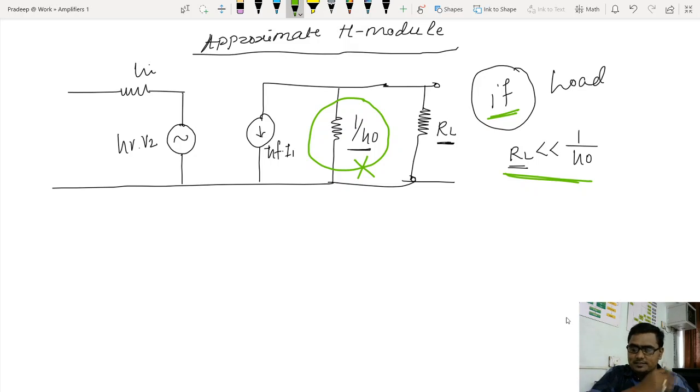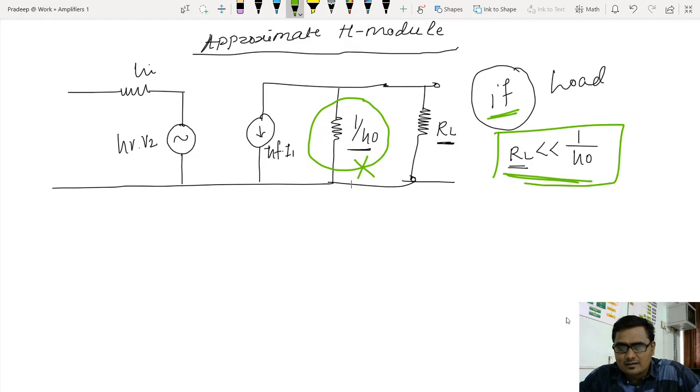Come to the input part. Now, what happens at the input side? Look at this. RL is very small. So the load resistance across which I am measuring V2, that is the output voltage, is it?